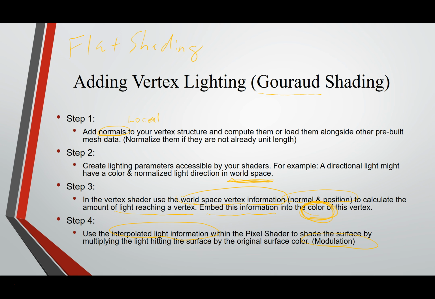Remember we talked about how you could have not only vertex normals, but also surface normals, which would be one normal per polygon. Flat shading is an even cheaper way to do lighting. Instead of calculating the lighting amounts per vertex and then interpolating the results, in flat shading we just calculate the light amount for a single triangle.